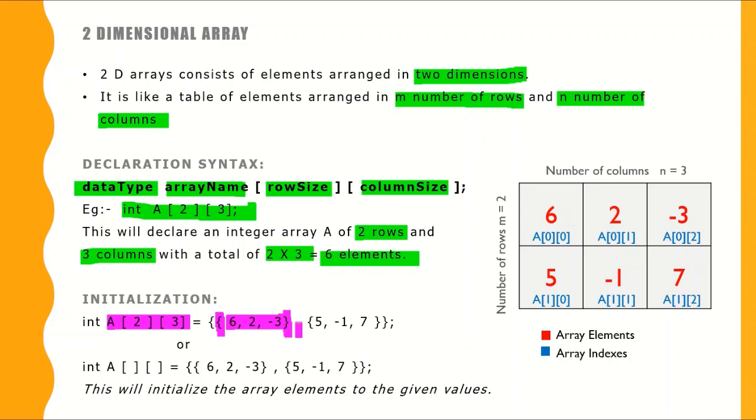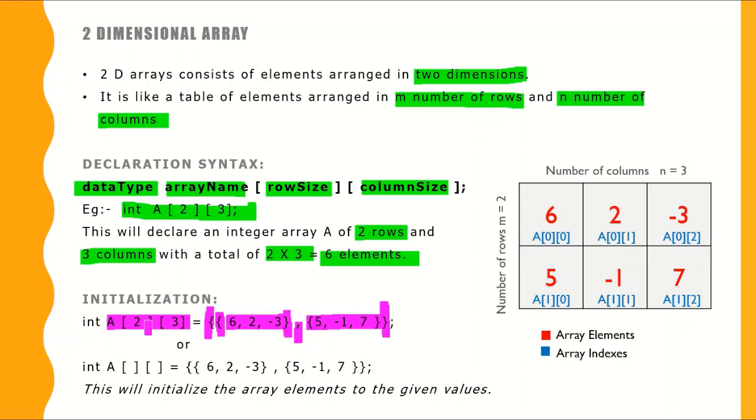Separated by a comma, we write the second row of elements: 5, minus 1, 7. So this is like writing two one-dimensional arrays separated by commas within two curly brackets.